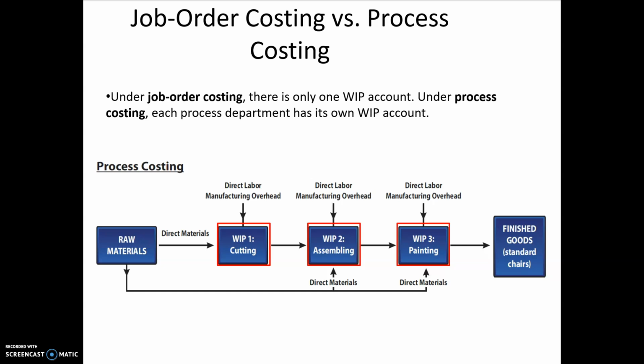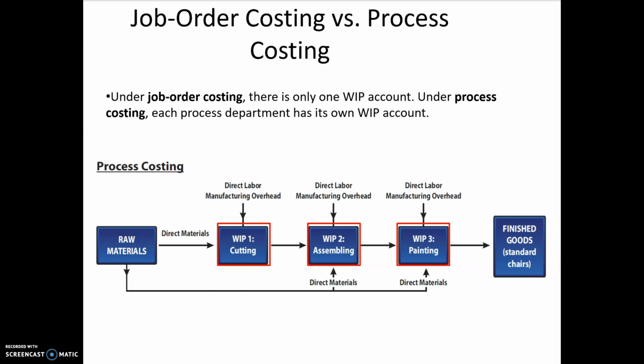So in this example here, the raw materials are going to go into the work in process inventory for cutting. And then when the units are cut, and they move on to the next department, assembling, the costs are going to come out of the work in process cutting inventory account and go into the work in process assembling inventory account.